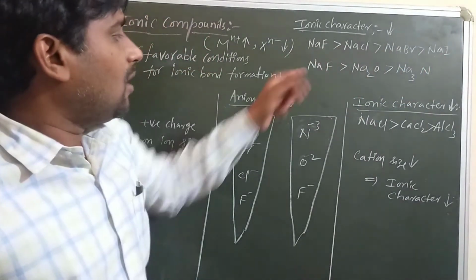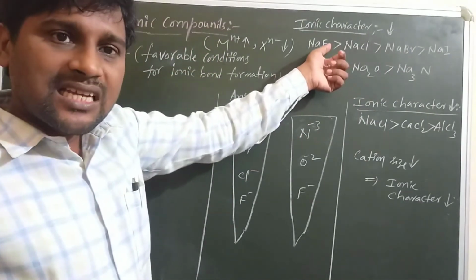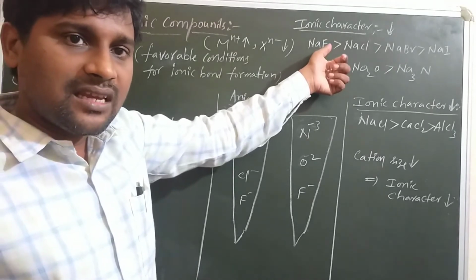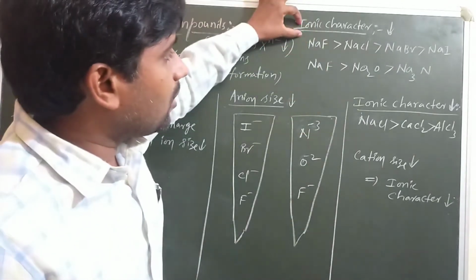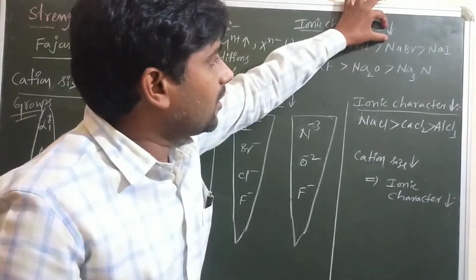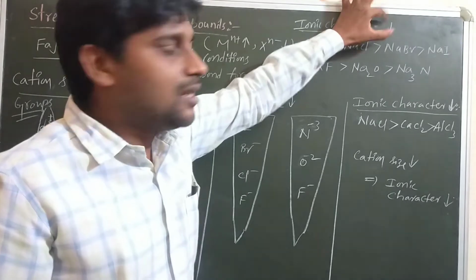If the anionic size increases, the ionic bond character decreases. That's why I wrote ionic bond character decreases; the downward symbol indicates decreasing.